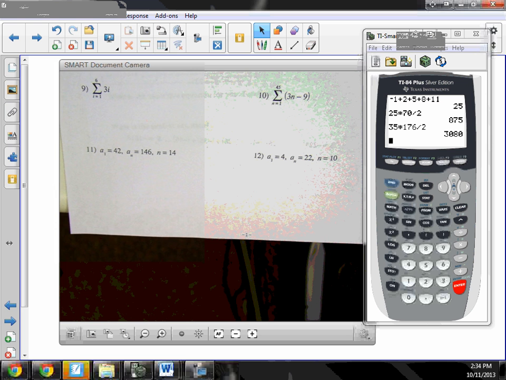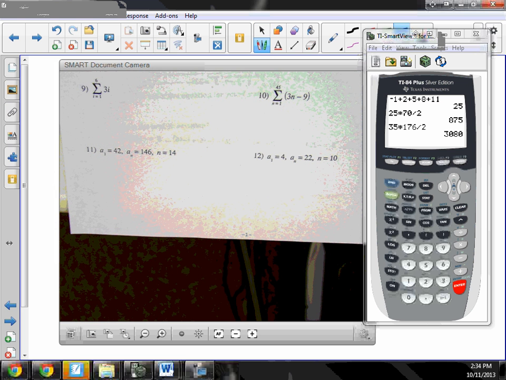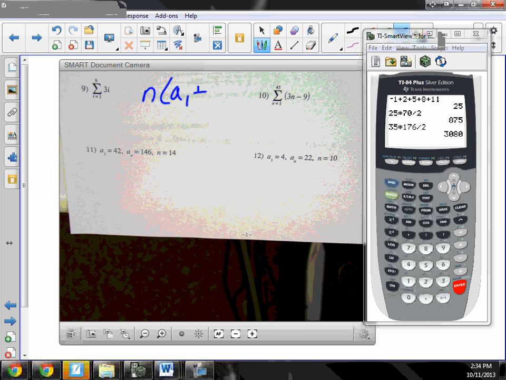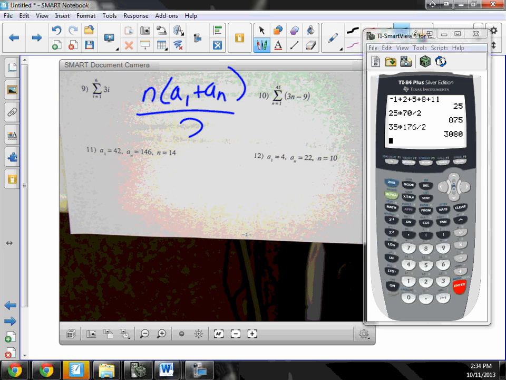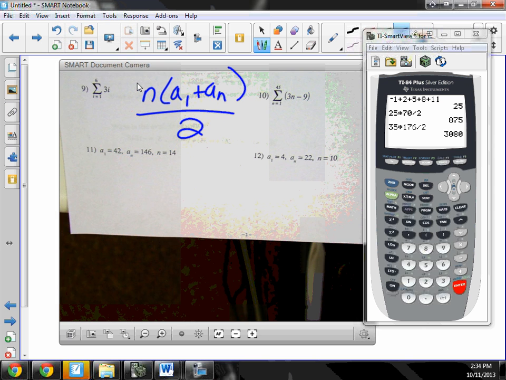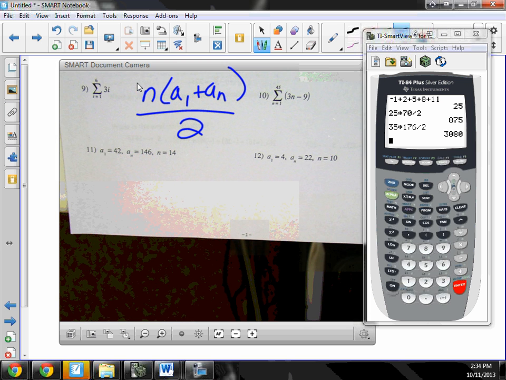All right, look at number 11. So I need to know the formula: n times a sub 1 plus a sub n, over 2. What do I not know? Is there anything I don't have? It's all there. It told me the first term, it told me the nth term, and it told me that the nth term is the 14th term. Now, we don't know how fast it's growing.